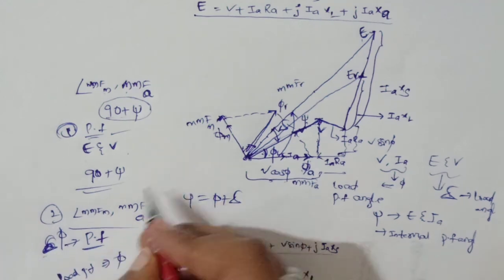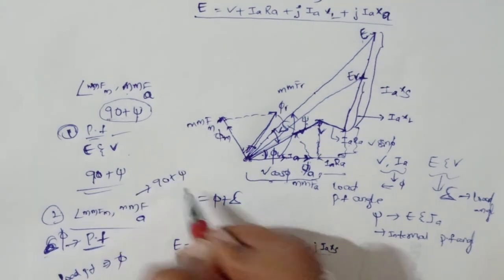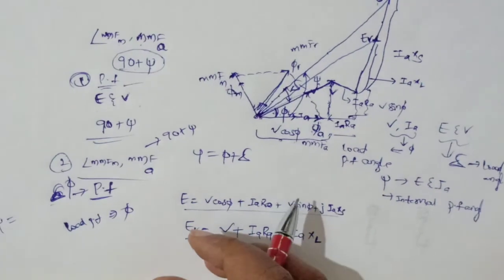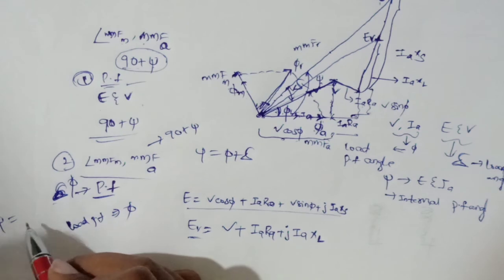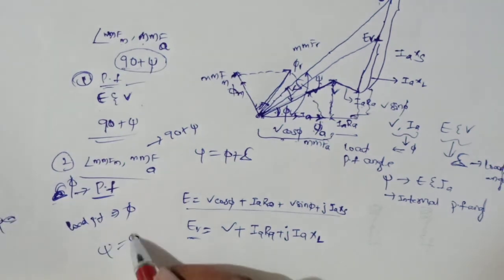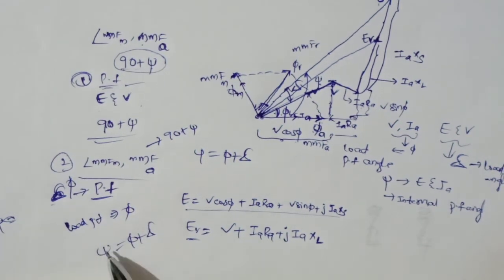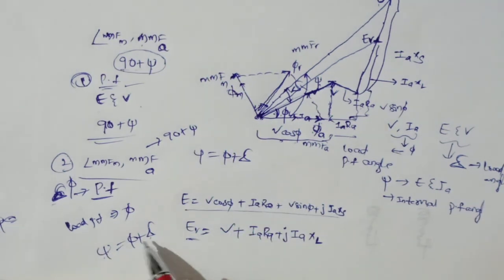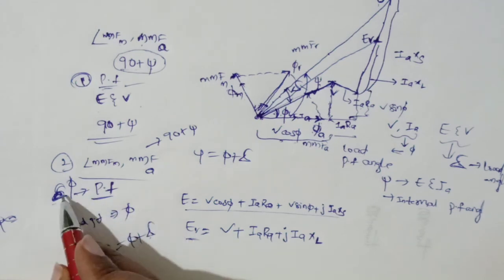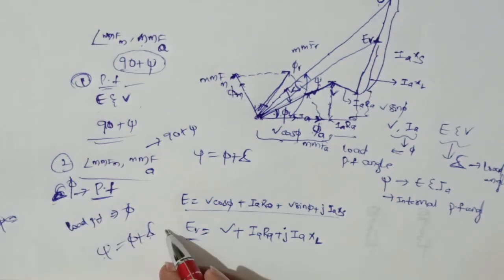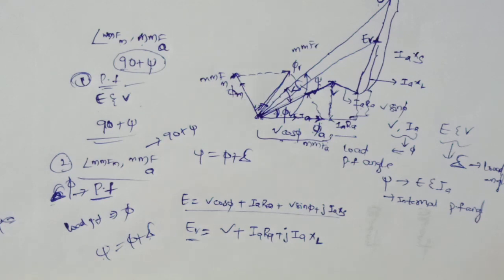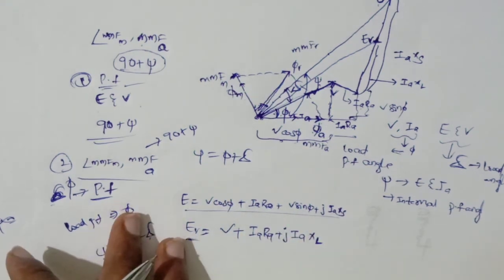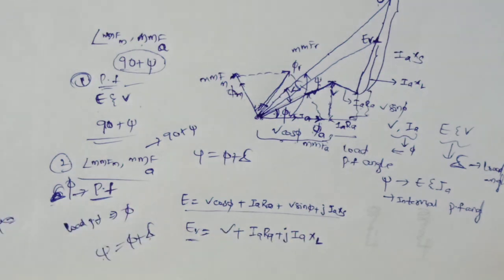This is 90 plus psi, where psi is equal to phi plus delta. The total angle is given, from this I get psi, I already know phi, and from that I can find delta. This is how we draw the vector diagram and calculate the angles.